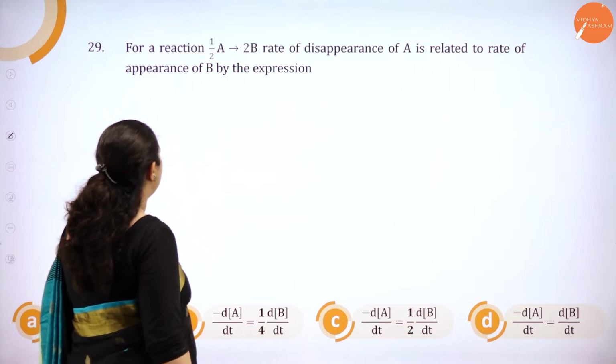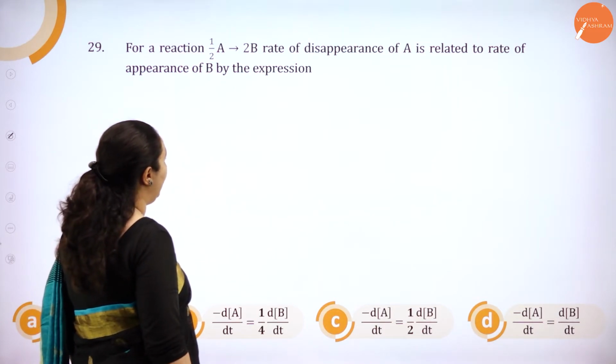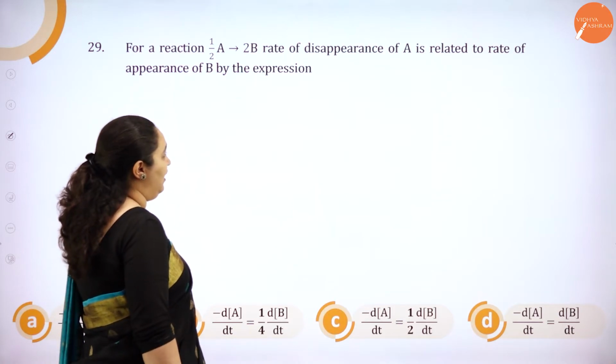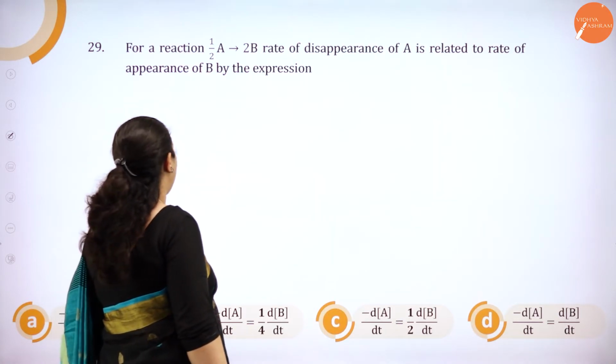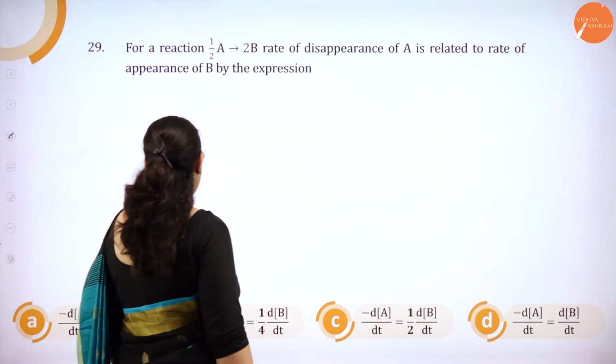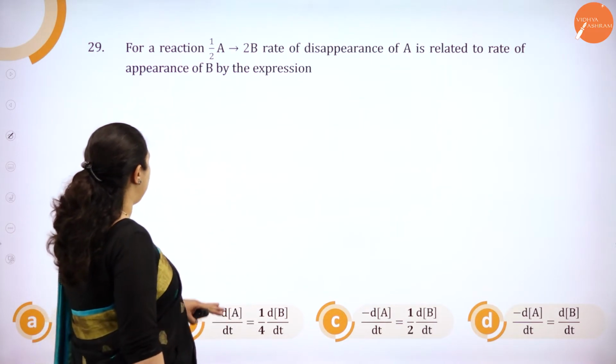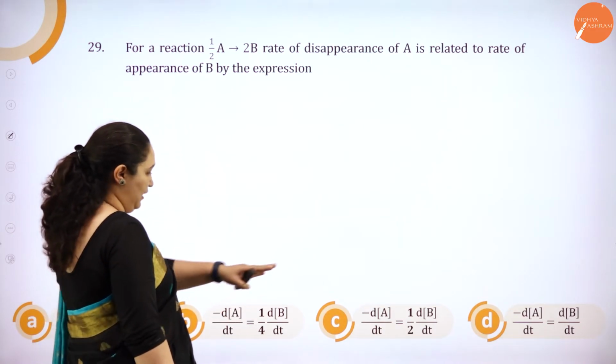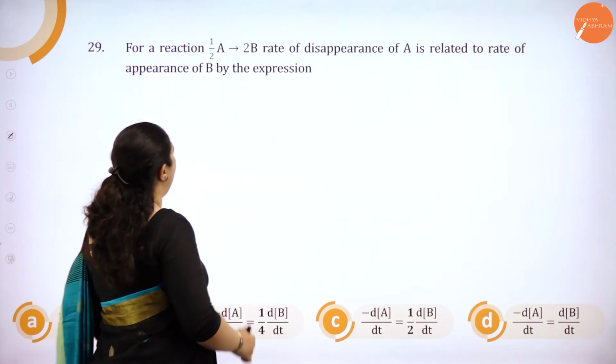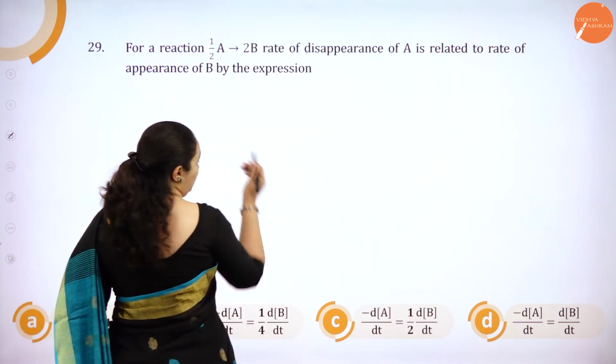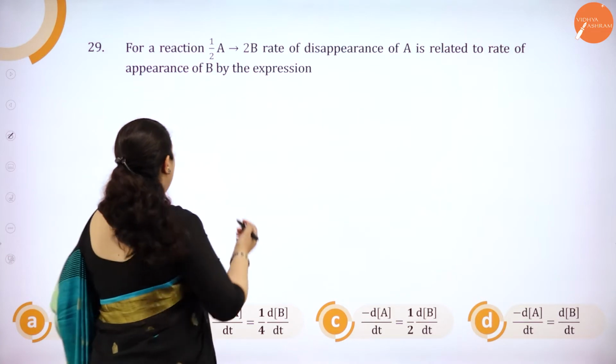For the reaction A giving 2B (half A giving B), the rate of disappearance of A is related to the rate of appearance of B by the expression. So you need to get the expression between A and B in this format. We'll write it directly instead of just looking into the options and getting confused again.